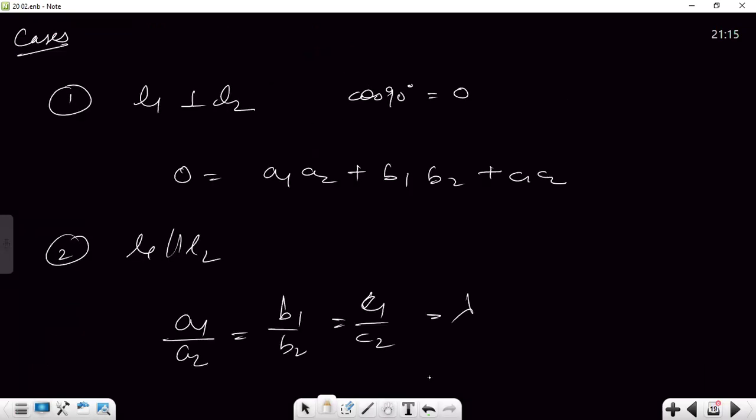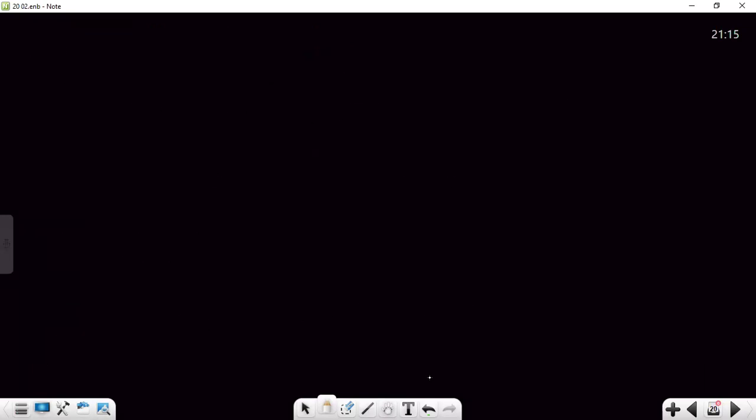But in three dimensions, there is another possibility: the lines are not parallel and not intersecting, which is the third possibility of skew lines.